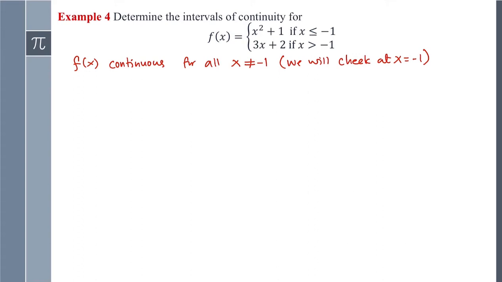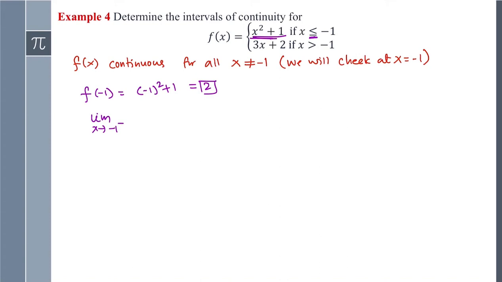So let's go ahead and find the value of the function at -1. The first thing we are going to find is f of -1. To find f of -1, see the equal sign here, so we'll use this one. So (-1) squared plus 1, which is 2. So f of -1 is 2. Now let's go ahead and find the left-hand limit. So the limit as x approaches -1 from the left.